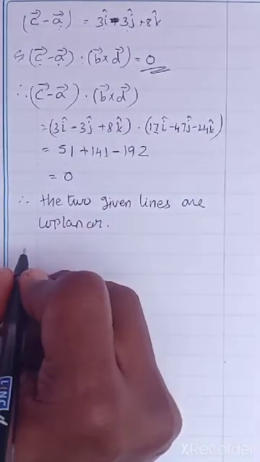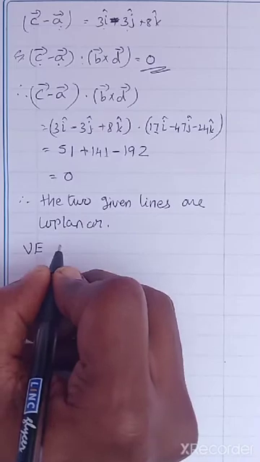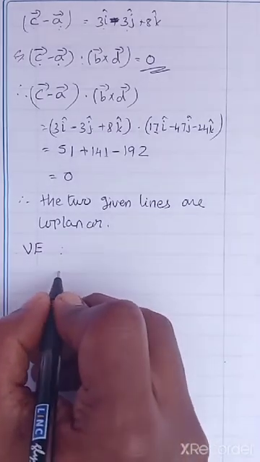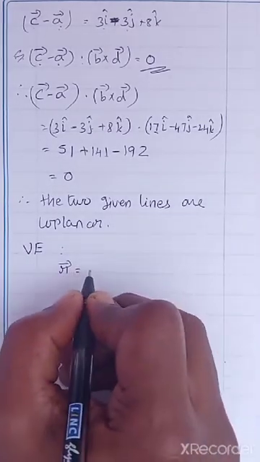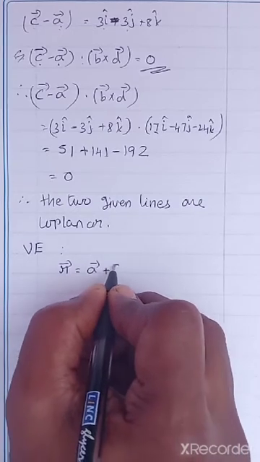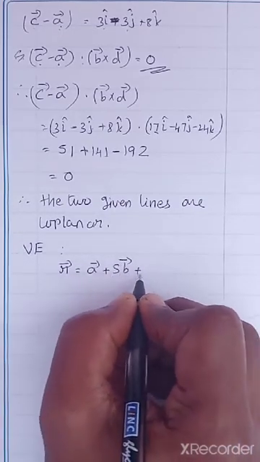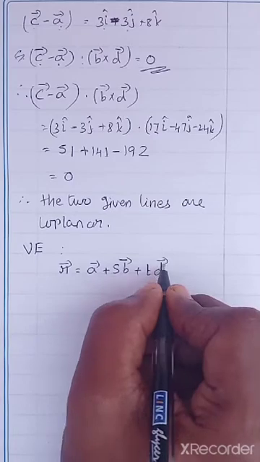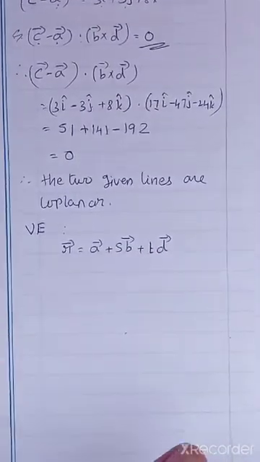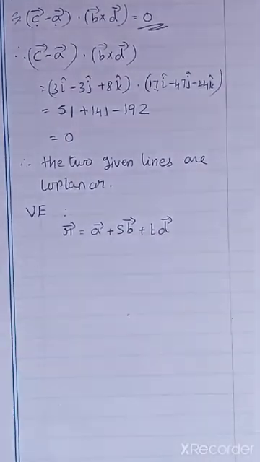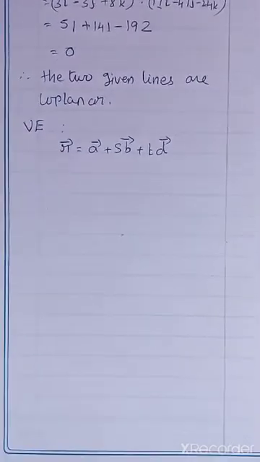Next, what we have to find is the vector equation. What is the vector equation formula? R vector is equal to A vector plus S B vector plus T D vector, because it is non-parallel. So now you have to use this condition only.